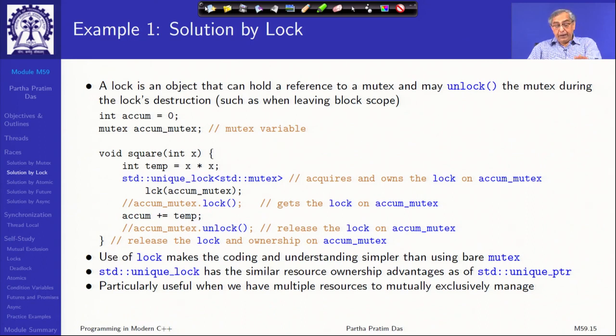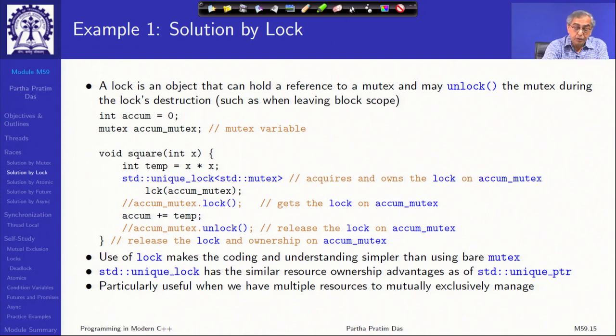The unique pointer was taking a raw pointer and taking ownership of it, and when the unique pointer goes out of scope, its destructor automatically destroys the object pointed to by that pointer and disappears, right. Exactly in the same way, unique lock achieves resource management for the locks, which makes programming far easier.